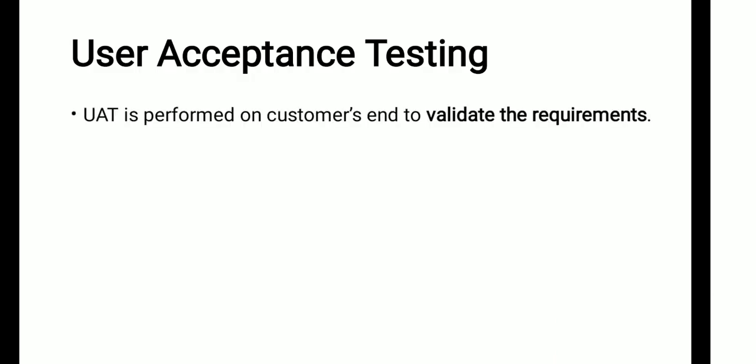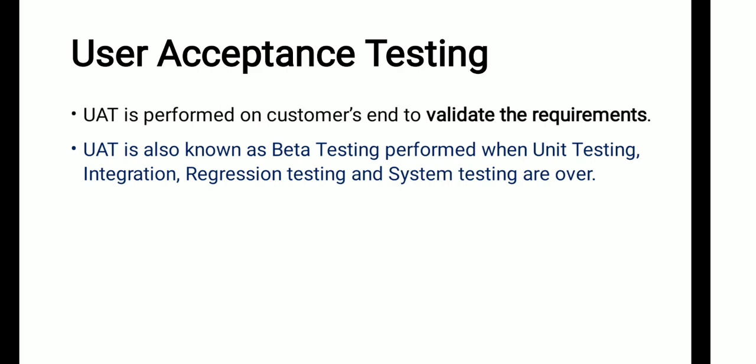Coming on to user acceptance testing. UAT is performed on the customer's end to validate the requirements. UAT is also known as beta testing, performed when unit testing, integration testing, regression testing, and system testing are over.